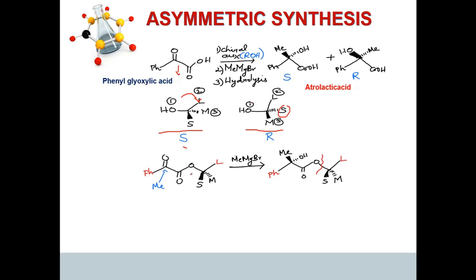When you try to draw the structure of this ester, you should remember that you have to draw the phenyl group and the large group anti to each other. So please remember this point very carefully. You should always try to draw the phenyl group and the larger group anti to each other.